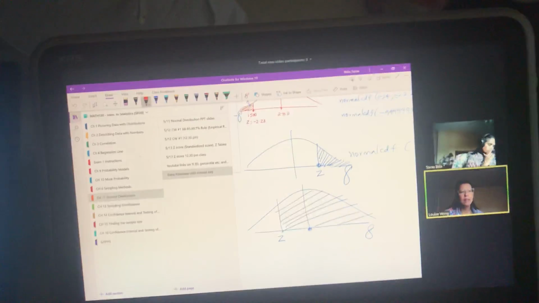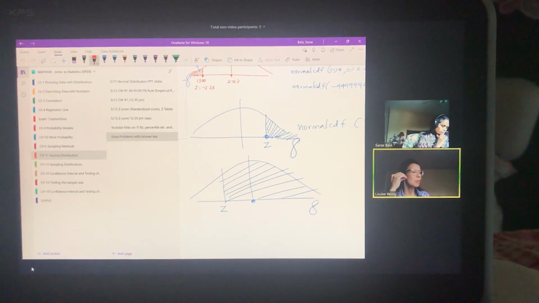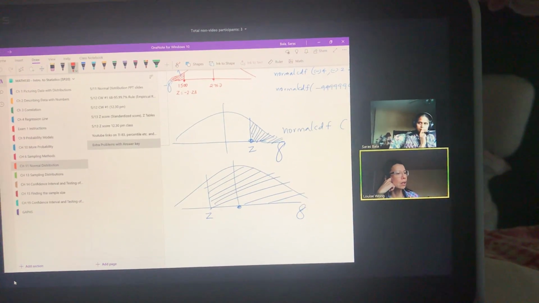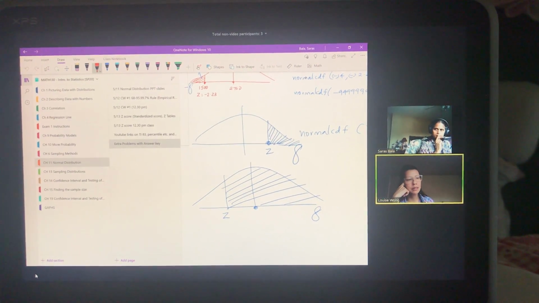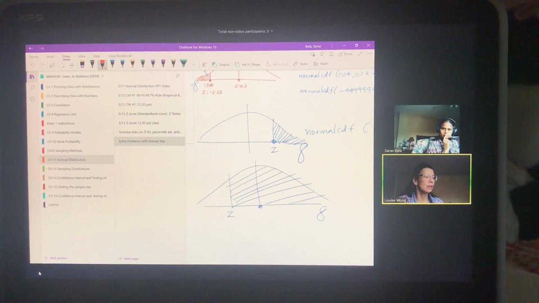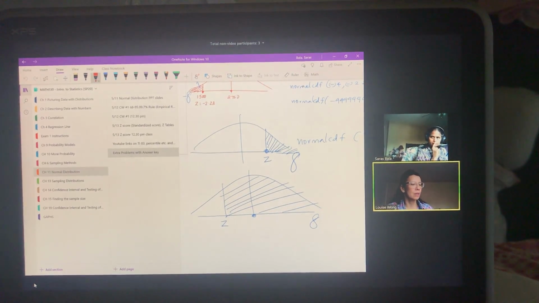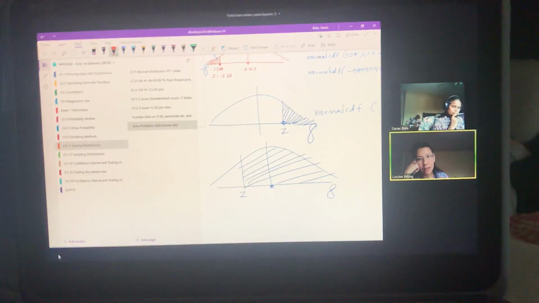I guess one thing I should probably start asking about before we move on is normal distribution. During this chapter, I think it was 11 and 13, I was using the Z tables instead of the calculator.